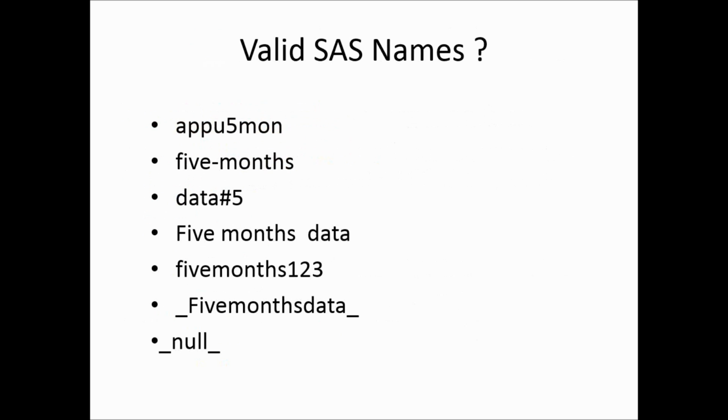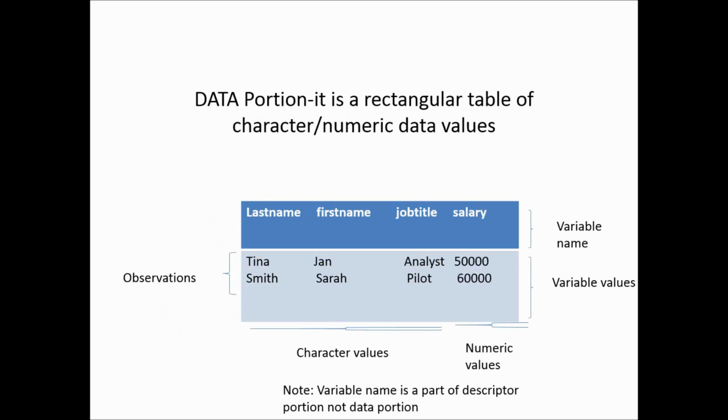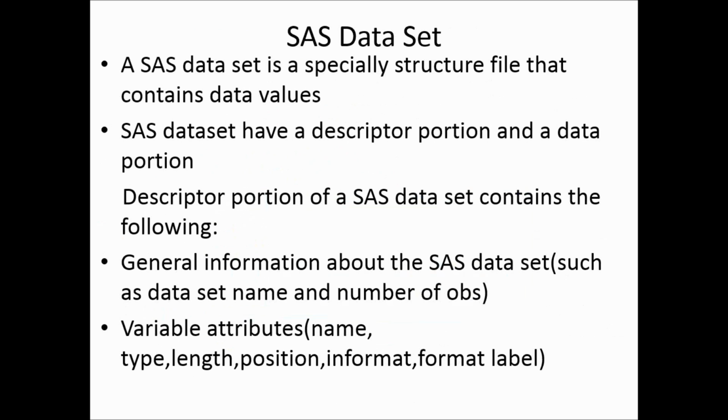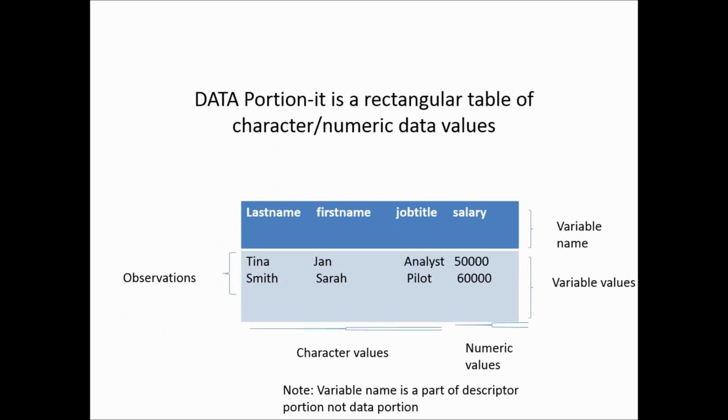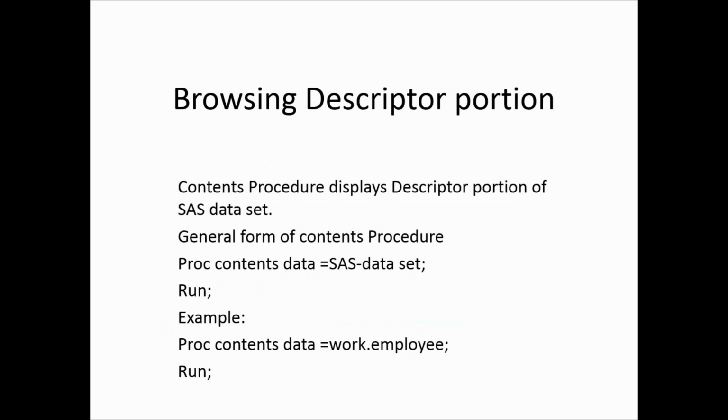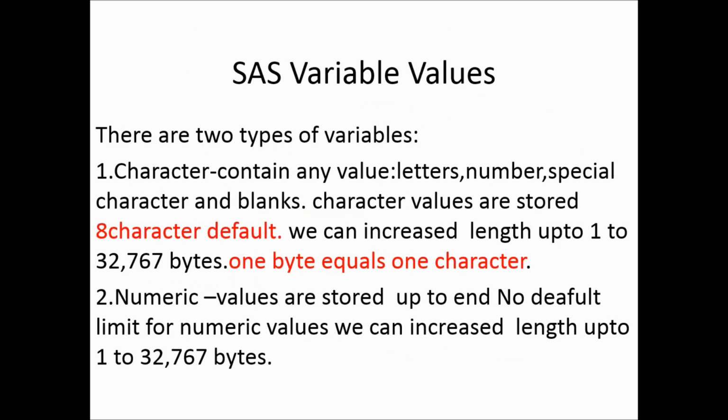We have learned different concepts today. First we learned what a dataset is. After that we learned about what the variables and observations are, and how to know which are characters and which are numerics. After that we learned about the description portion of the data, how to create your data sets, and how to get all the information as a data set from SAS help.